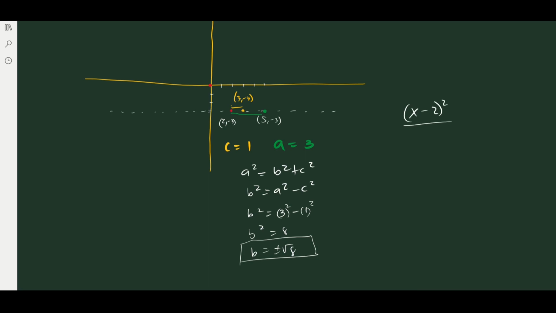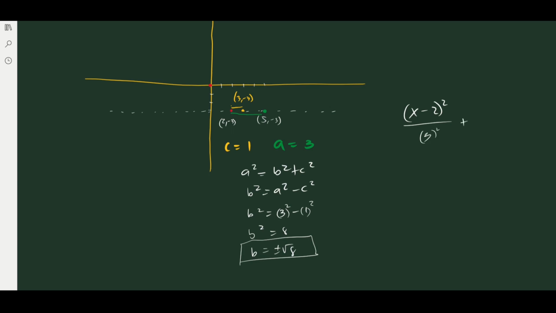Since our ellipse has a major axis at y is equal to -3, that means our ellipse is stretched horizontally. So our a is actually the denominator of our x. So a squared, that would be 3 squared.